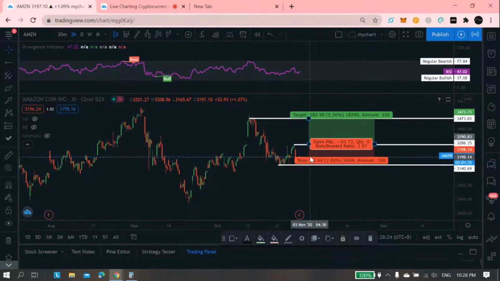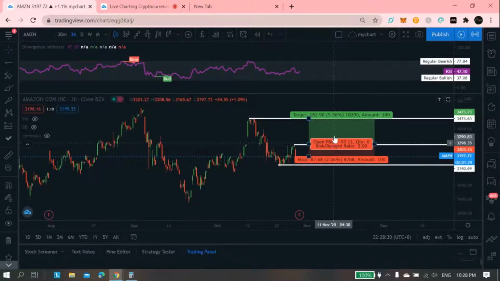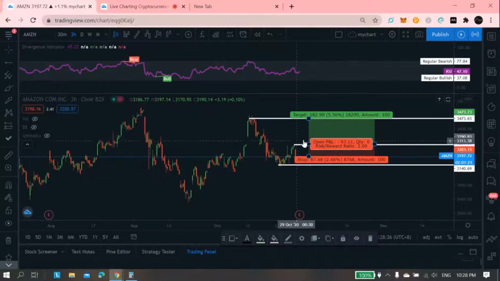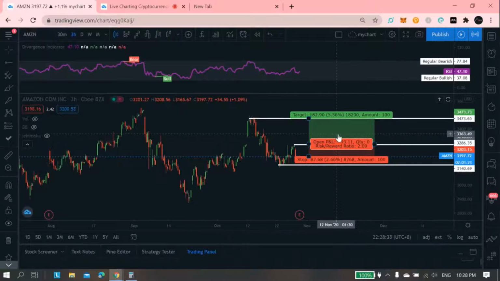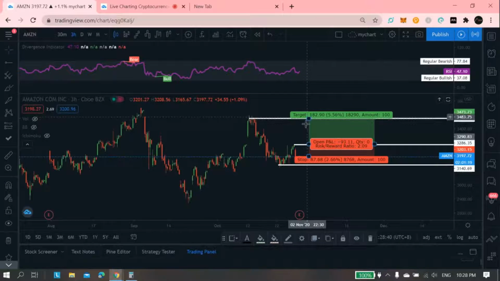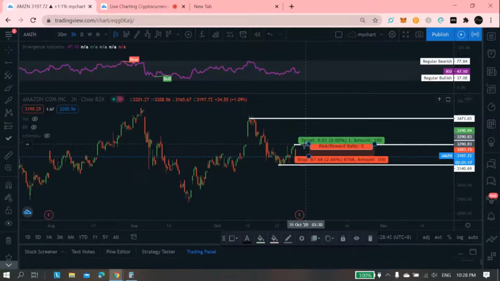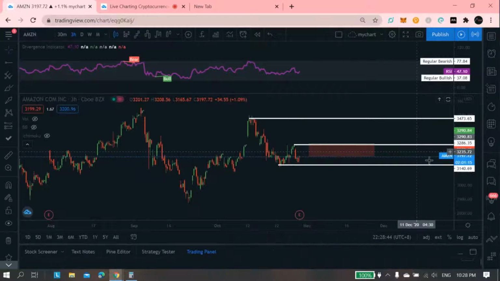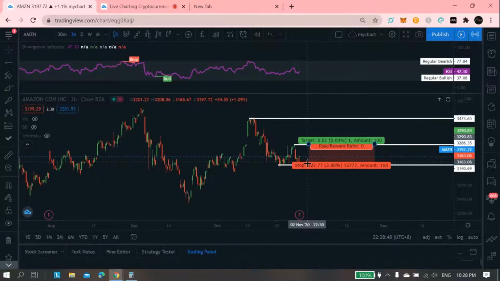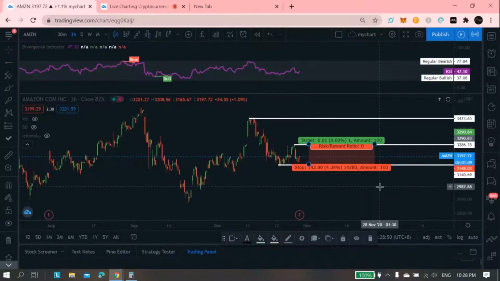At least this will be my stop loss area. So that's a possible risk reward of 2.019. So I can trade it at this area. Because if it does not break this 3,286, of course this is just a risk reward ratio of 1:1.